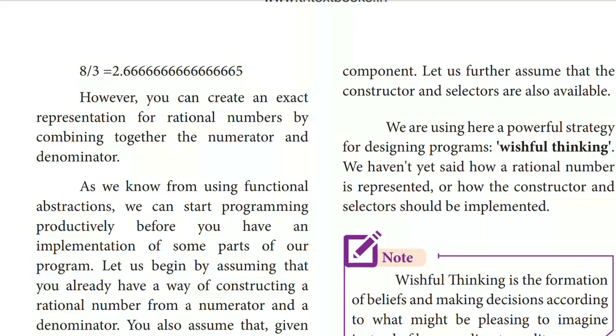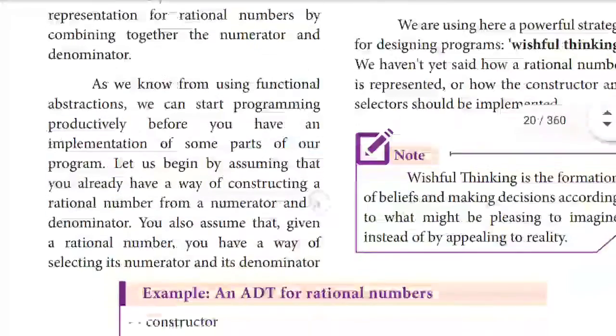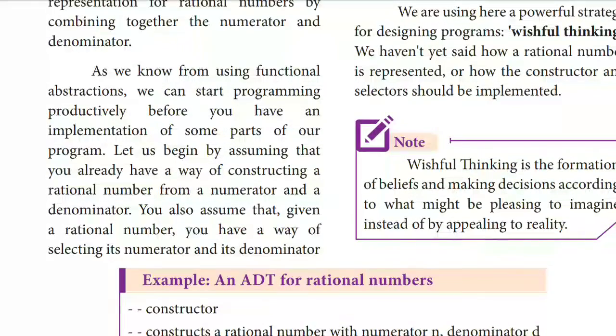Let us begin by assuming that we already have a way of constructing a rational number from a numerator and a denominator. We also assume that, given a rational number, we have a way of selecting its numerator and its denominator.